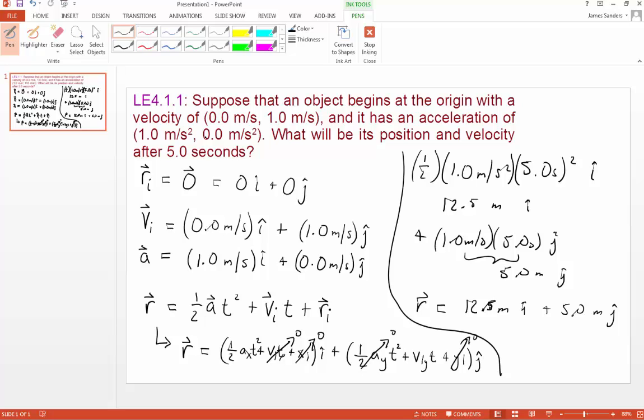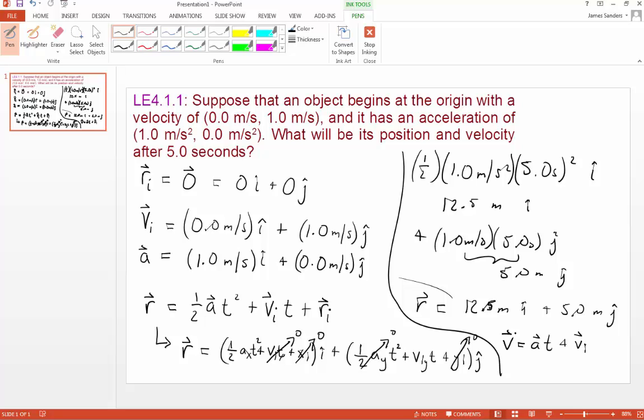The other part of this question is, what's the velocity after 5 seconds? In this case, you use the velocity equation, which basically says that the velocity should be the acceleration times the time plus the initial velocity.